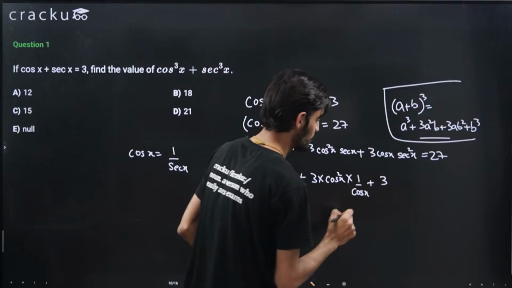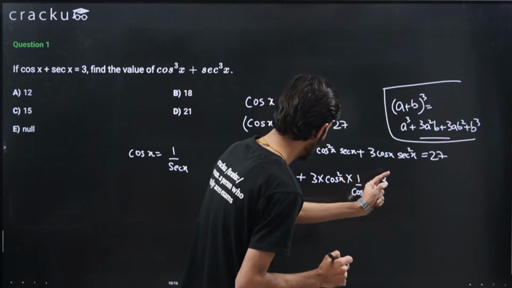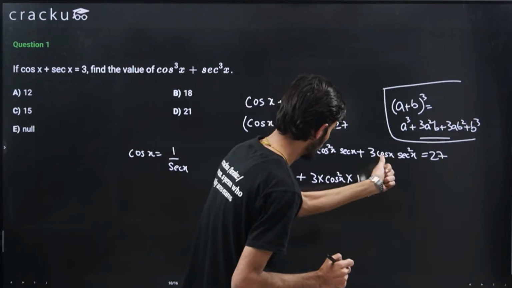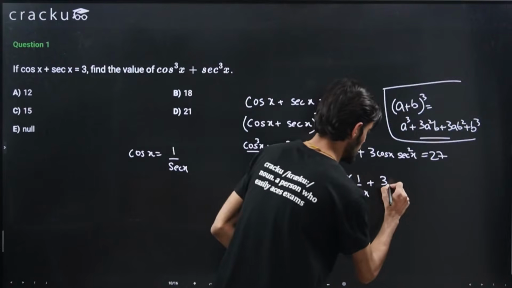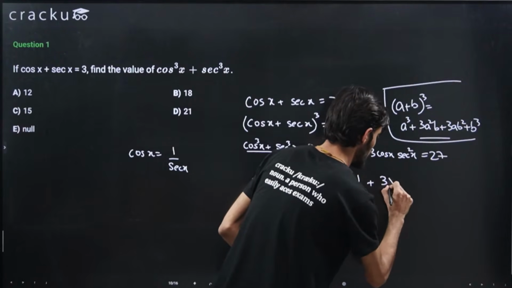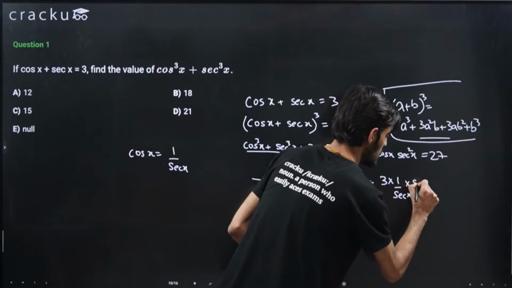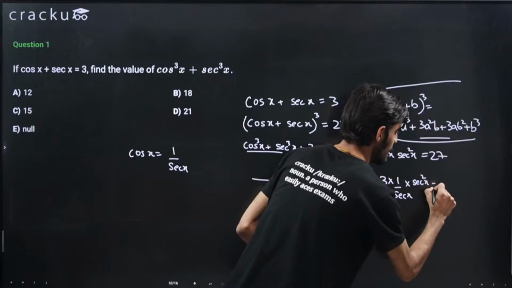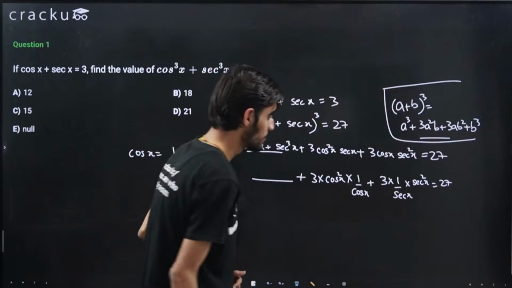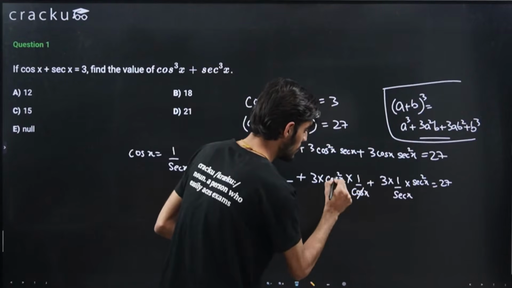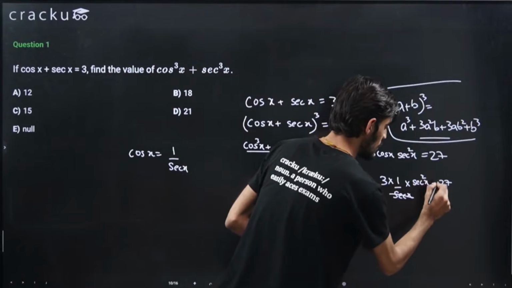Likewise, here also, in place of cos x, I can write 1 by sec x. So I can just write it as 1 by sec x multiplied by sec square x. That is equal to 27. Okay, so now this will cancel out. This will also cancel out. One power will cancel out.